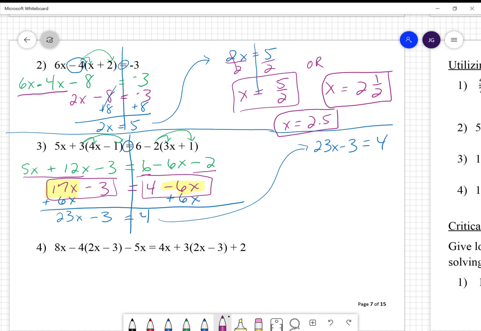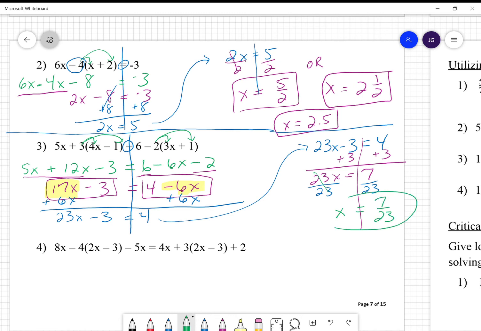Add 3 to both sides. I get 23x equals 7. X is still not by itself, so I have one more step. Divide by 23. The 23's cancel. I have x equals 7 over 23. It doesn't reduce. Done.